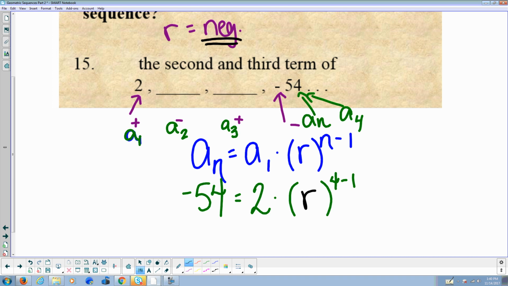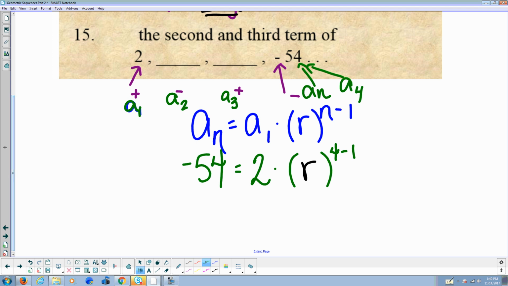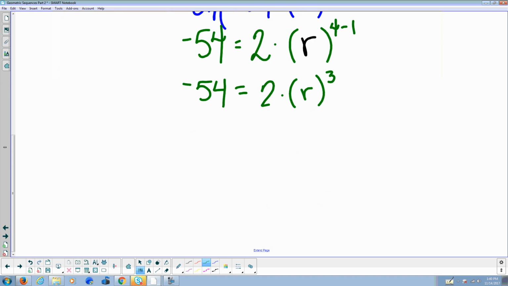So I'm going to do some solving. Negative 54 equals 2 times R raised to the 4 minus 1, and I'll simplify that expression to 3. I want to find out what R is, so since multiplication is what is separating the 2 and the R to the third power, I'm going to cancel the 2 by dividing both sides by 2.